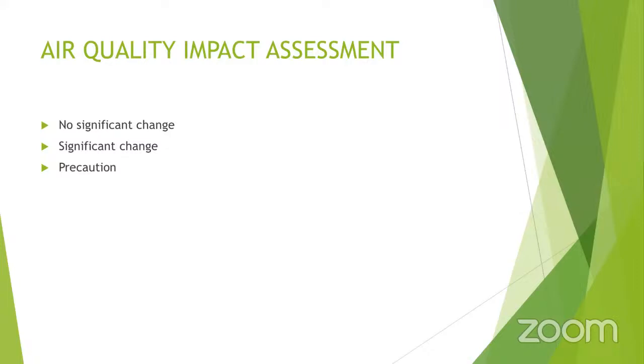Next, the precaution. The air quality assessment generally does not include emergency emissions, which are unpredictable, but it can be prepared for as an emergency plan before starting the project.